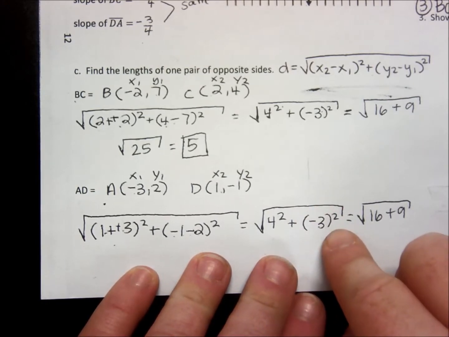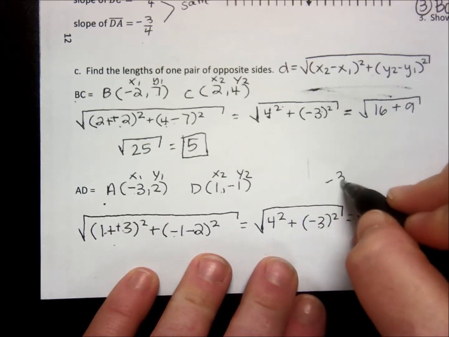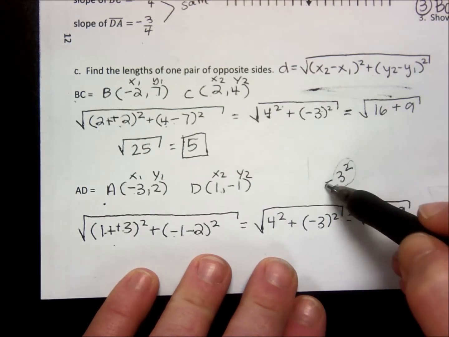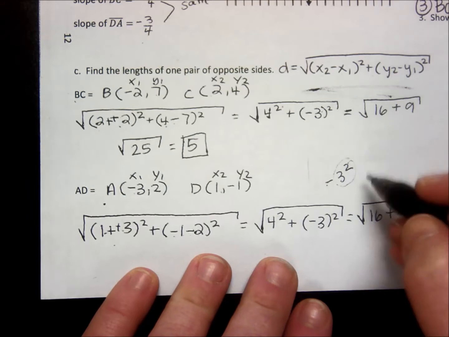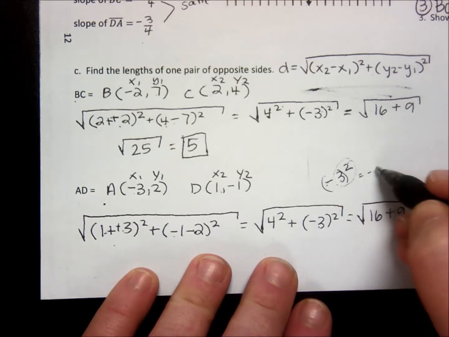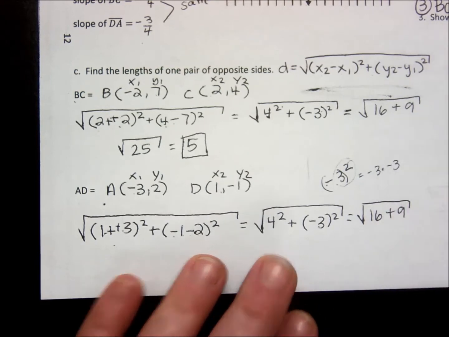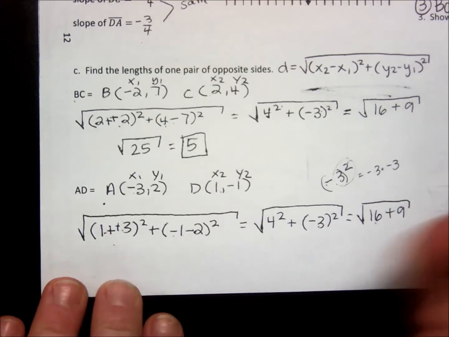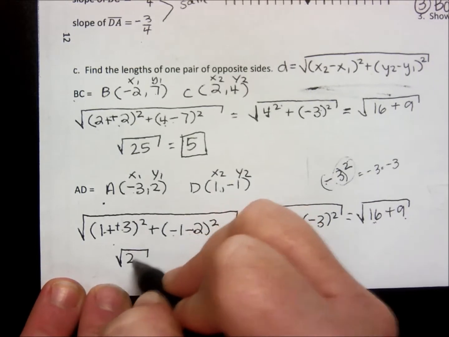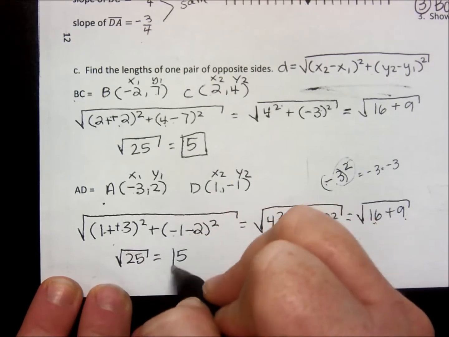If not, if you just type it like this in your calculator, the calculator squares the 3 and then multiplies it times a negative. And that's not what you're trying to do. You're trying to take negative 3 and then square it. So it would be negative 3 times negative 3. So I know that 16 plus 9 is 25, and the square root of 25 is 5.